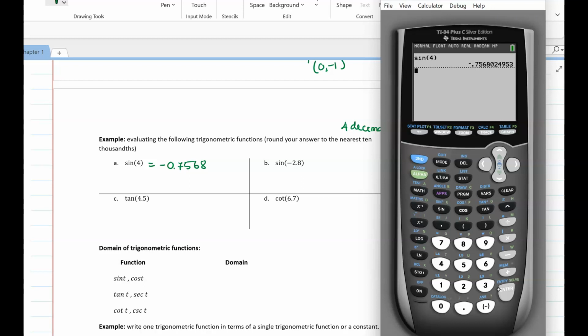How about sine of negative 2.8? Again, sine of negative 2.8 is negative 0.334, and here we need to round up, so that is negative 0.3350.